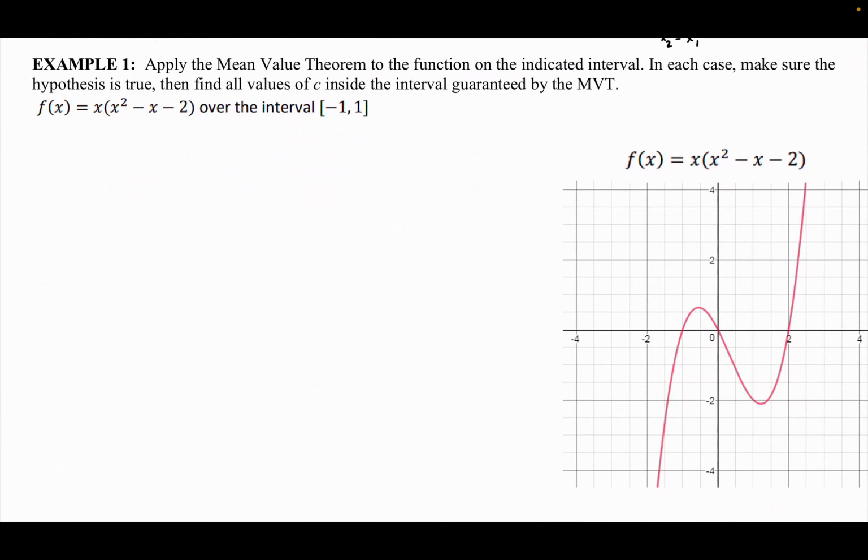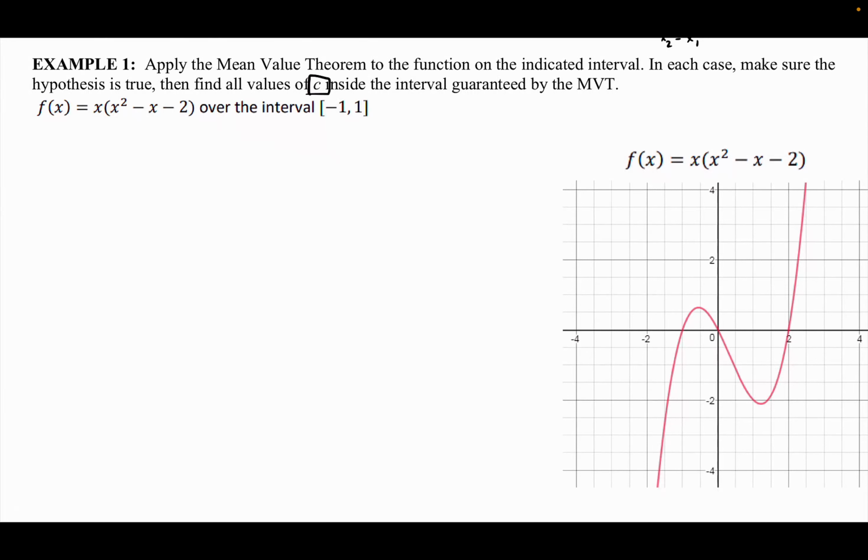This one I gave you a picture. So f of x is the red graph, and it goes from -1 to +1. They want us to find what value will have the same slope as from -1 to +1.